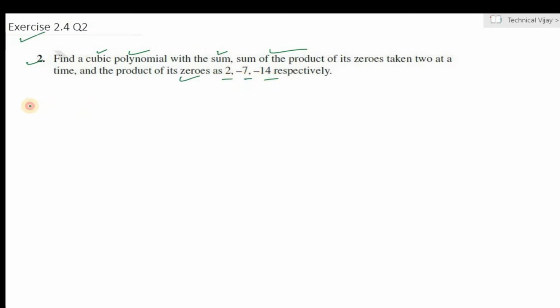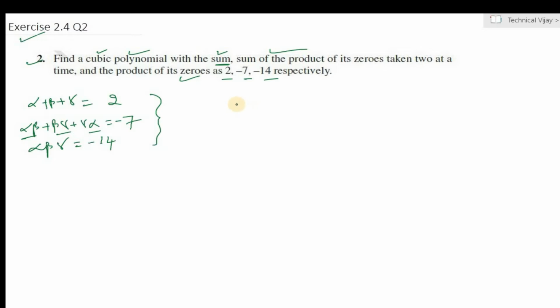So he has given alpha plus beta plus gamma, the sum, as 2, and alpha beta plus beta gamma plus gamma alpha is equal to minus 7, because the sum of the products of its zeros taken 2 at a time is alpha beta, beta gamma and gamma alpha, and the product of its zeros, alpha beta gamma, is equal to minus 14. This is the given data.